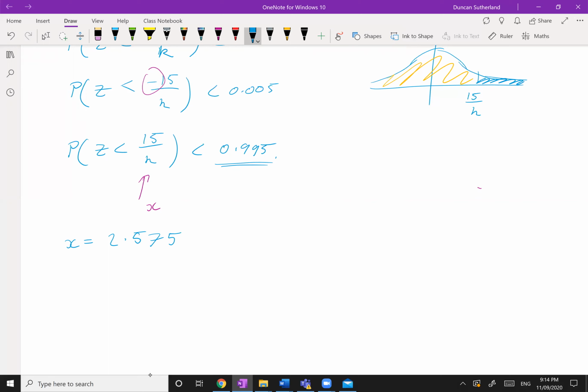So if x is this value, we can now solve for k, right? We're just solving this equation here. So k must be equal to 15 on 2.575, right?